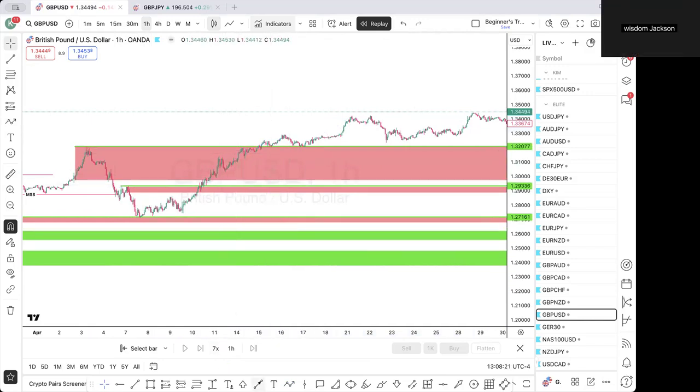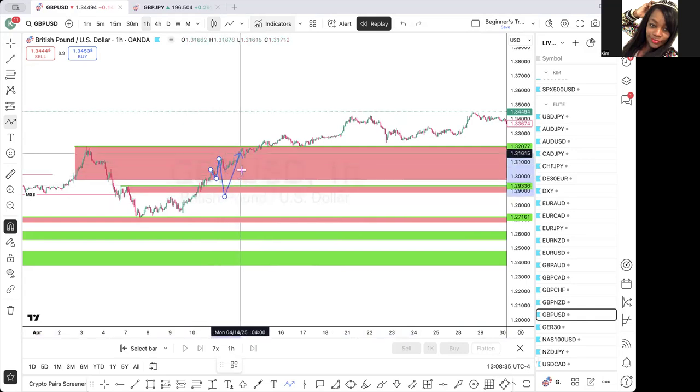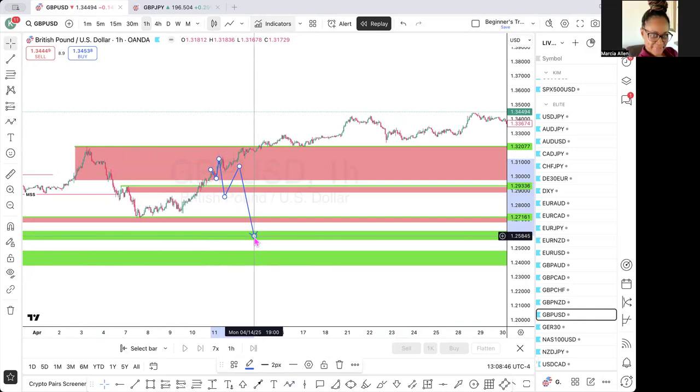So if price had come into your zone, and this is what we call the POI, your point of interest, and then shifted here, then you would look for the pullback to then start selling to these zones. Does that make sense? But price never shifted structure.